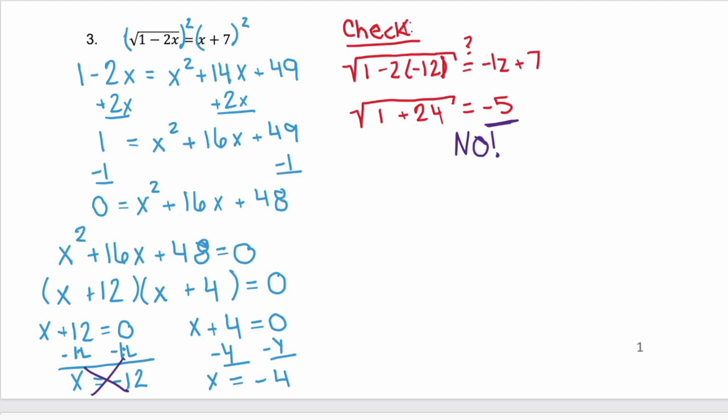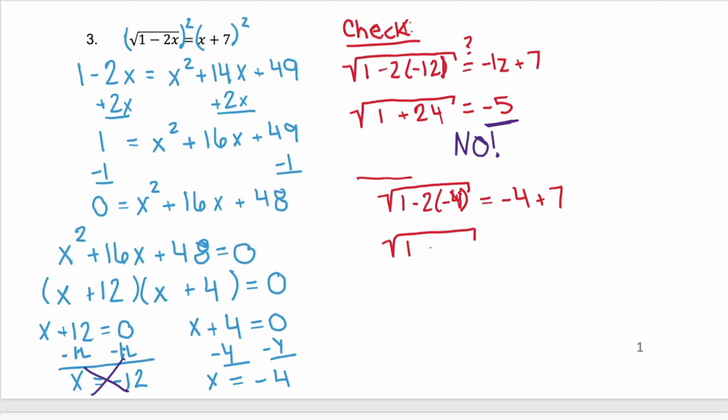Now we need to check x equals negative 4. So again, start with the original. 1 minus 2 times x, which is negative 4 here, equals negative 4 plus 7. So our radical on the left is 1.